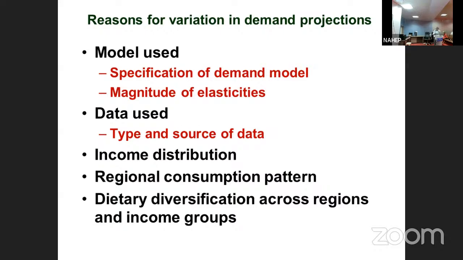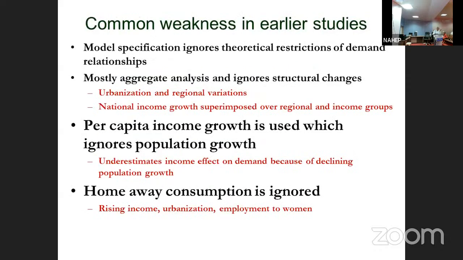If you take into account all these factors, you use the correct model, you use the right data, you classify the data by income group, you classify the data by regional groups, and you take into account the dietary diversification because of more classification. And a common weakness: the model is specified and predicted because we do the analysis, but we don't impose the critical restrictions of demand.